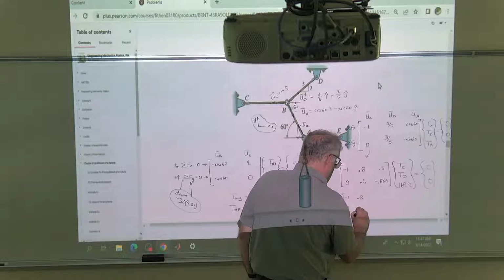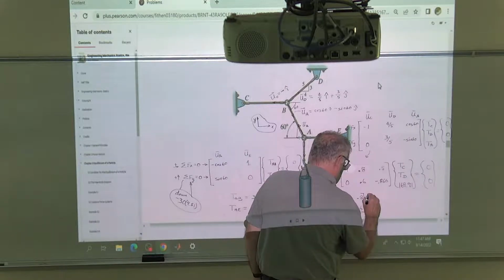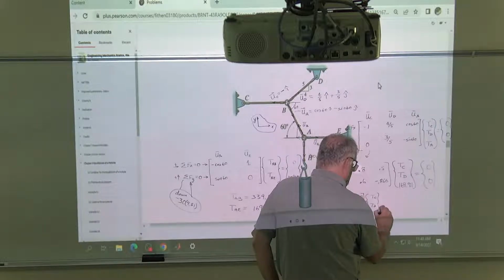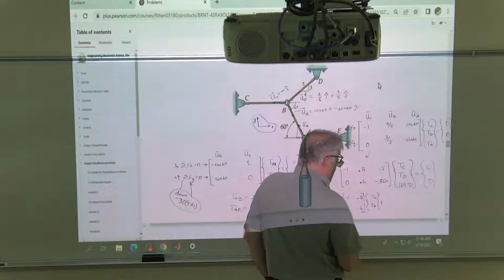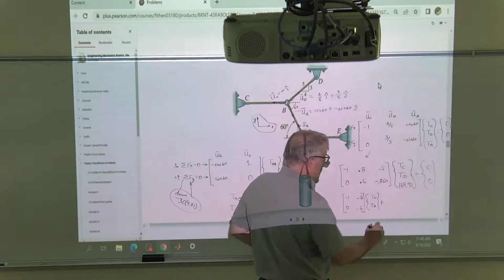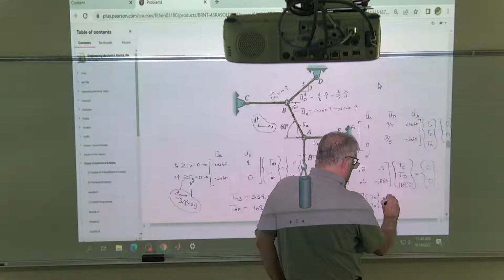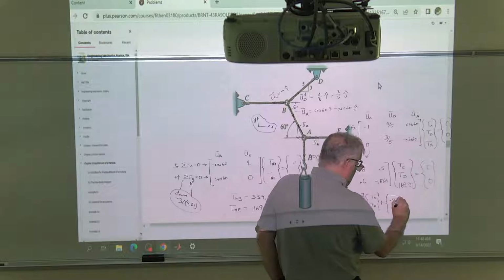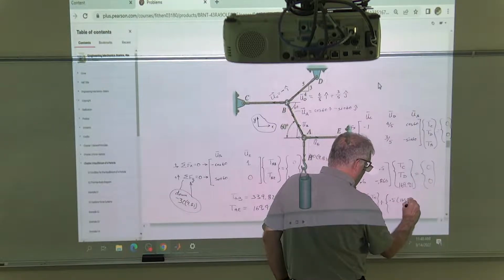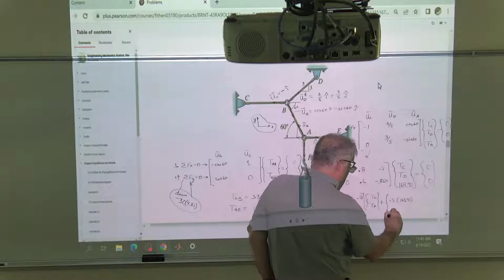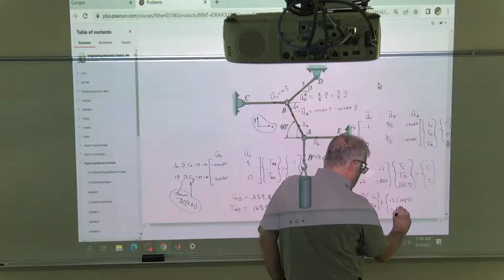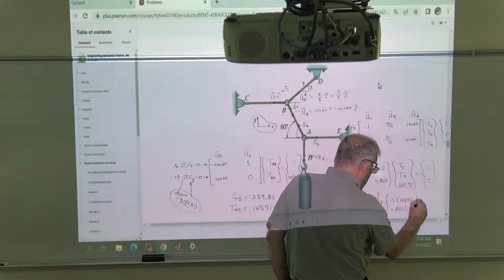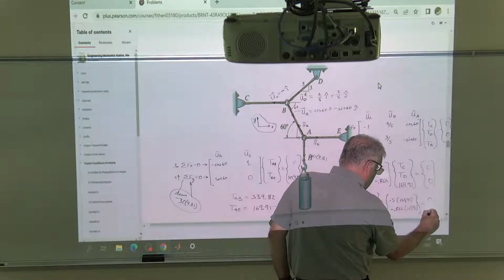I'm going to break it away to look like this, and I'm going to say TC, TD, and I'm going to add it, or maybe I'll subtract it, it doesn't really matter, to this: 0.5 times 169.91, and this one minus 0.866 times 169.91 equals 0 and 0.